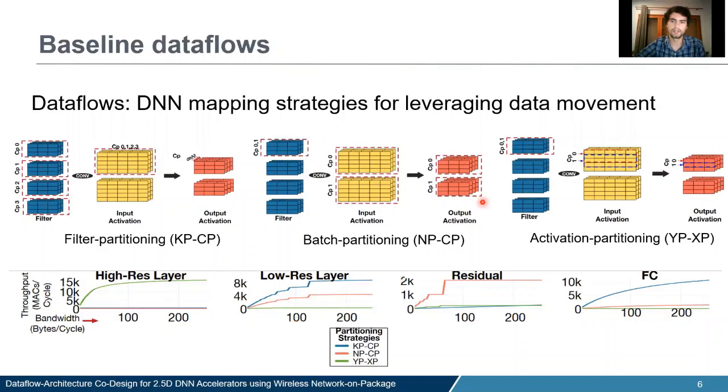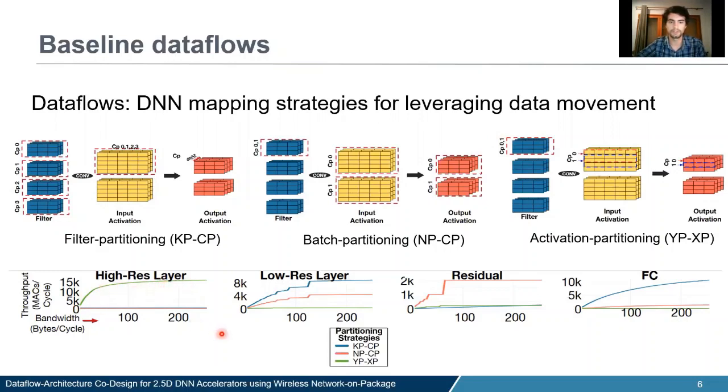So here, as we can see in the activation partitioning, we can share the filters among the chiplets, and this is an advantage if the fabric allows broadcasting or multicasting. So since in this kind of layers the filters are quite large, we can leverage this capability.